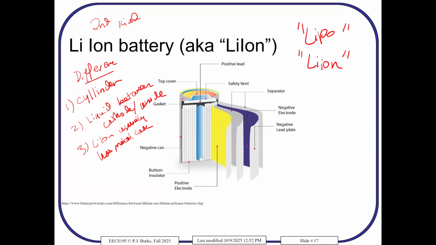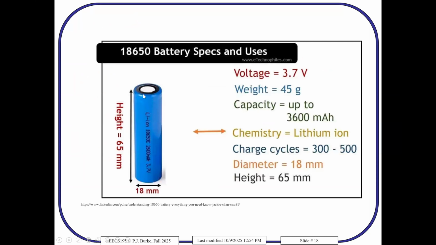That's another advantage of the Swiss roll design, okay? So if you want the same surface area for a LiPo, you have to have a very large sheet. So here you're rolling it all up. You get much more surface area, so you get more current capacity or charge storage capacity. So they are also typically encapsulated in a metal casing. And these are the batteries you use for your RC controller.